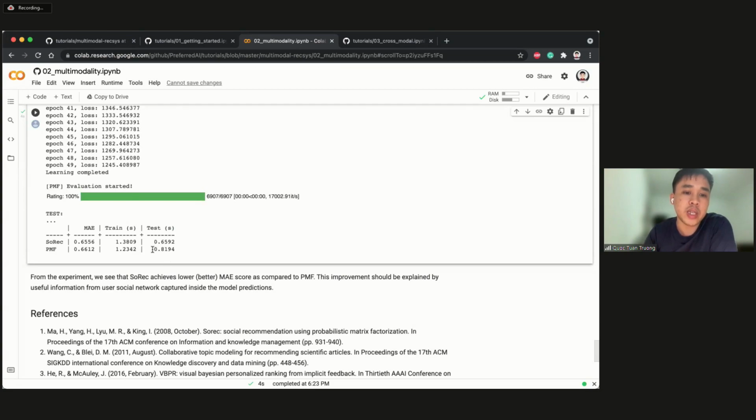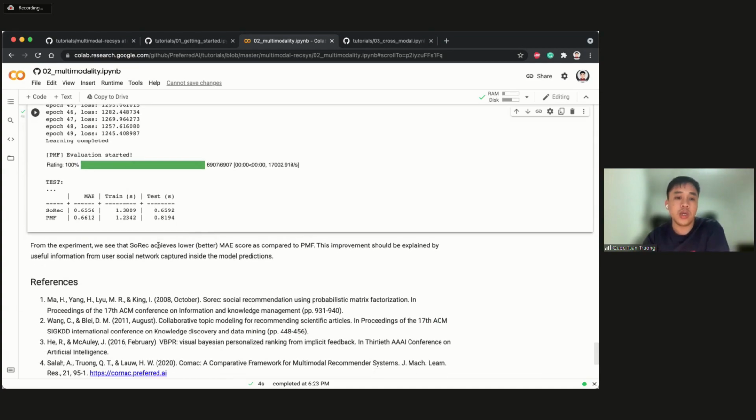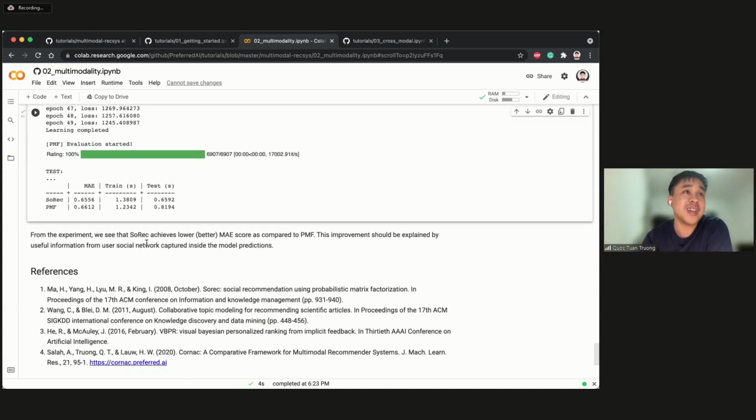The training time and test time are also quite comparable, because even for SoRec, the graph learning part is also a factorization type of model, so pretty much similar to PMF. So I want to conclude this part of the notebook. If you have further questions, feel free to ask.